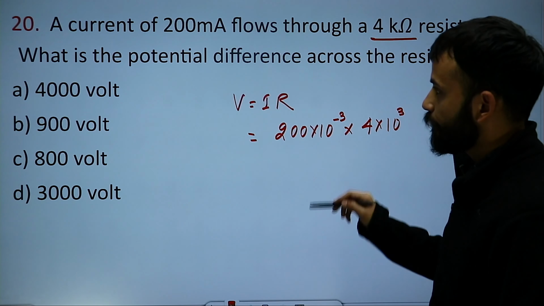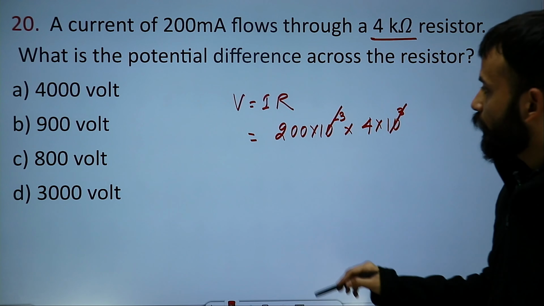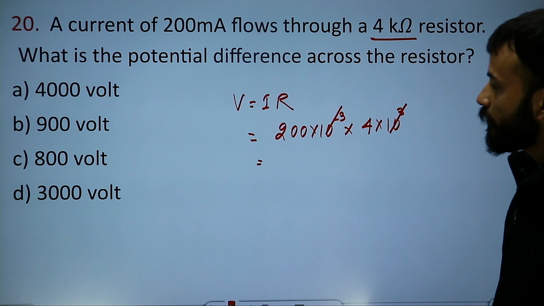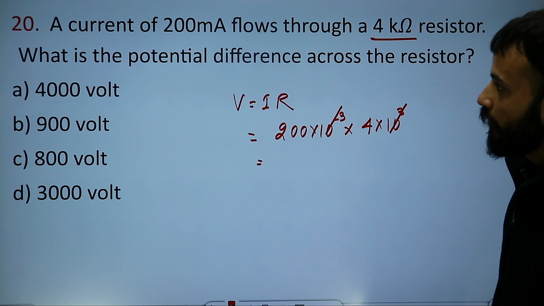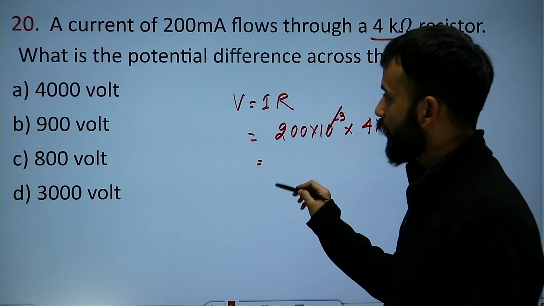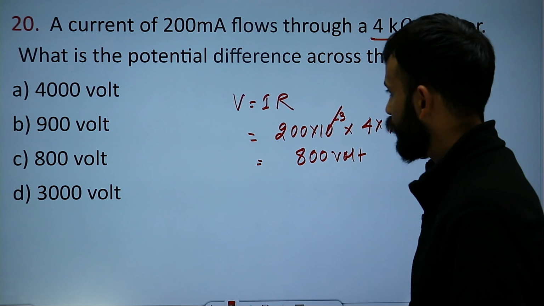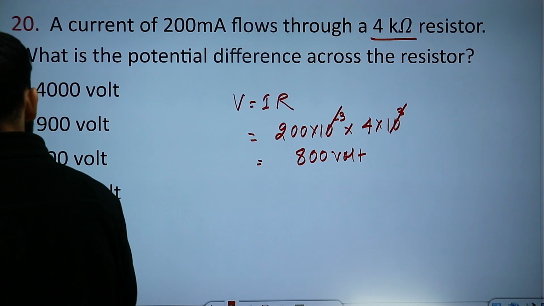Here the powers will cancel out because one is negative and one is positive. So the total potential will become 4 into 200, which is equal to 800 volt. That will be 800 volt.